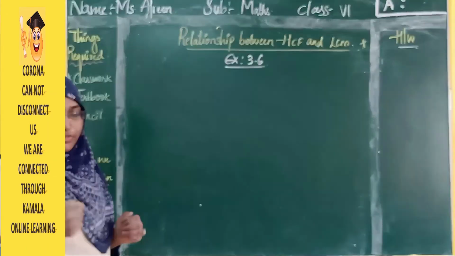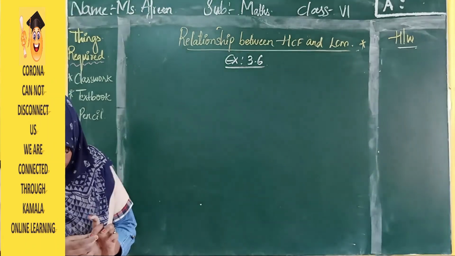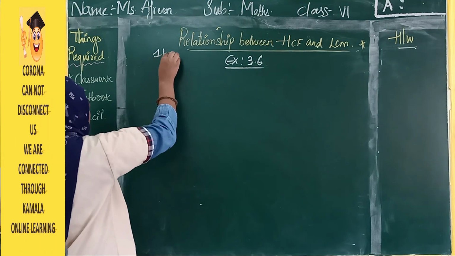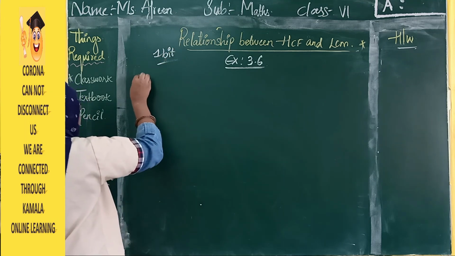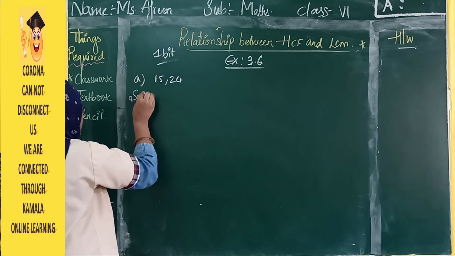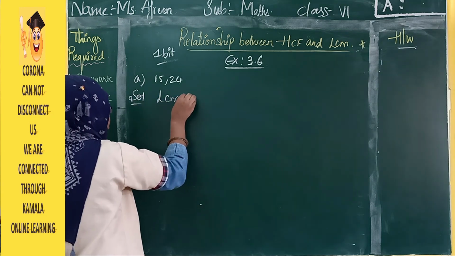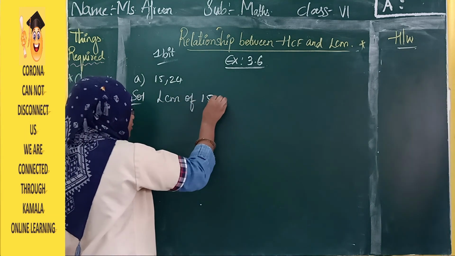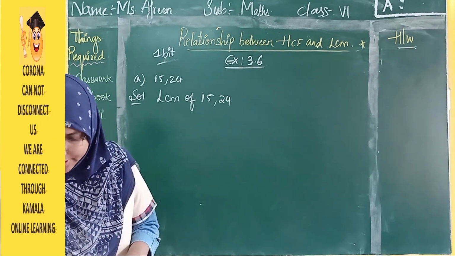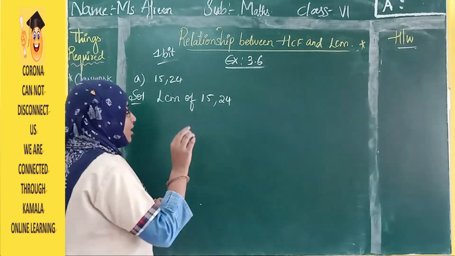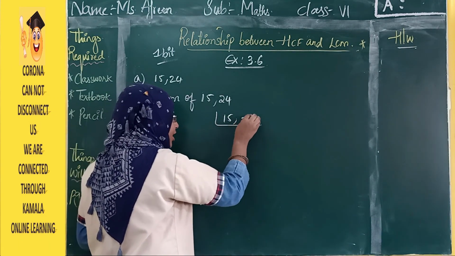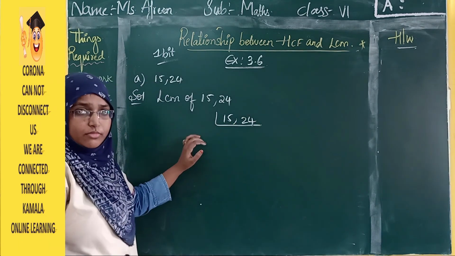So I am using the division method. The first one is 15, 24. Exercise 3.6, first one. What am I finding first? I am finding the LCM of 15, 24. For the division method, we write both numbers at a time: 15, 24.